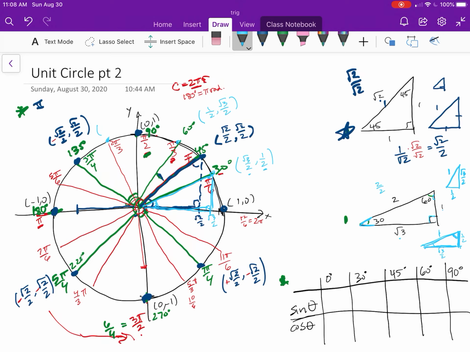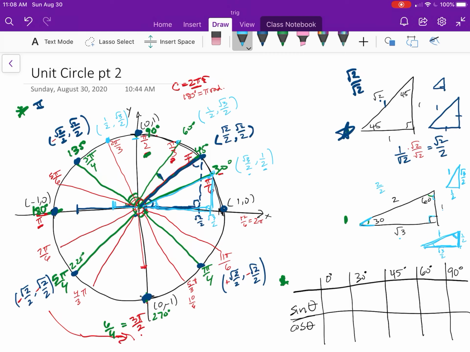Okay, if you pull up the unit circle online, it's overwhelming. But notice the x value is smaller than the y value here, right? Because I only go back just a little bit, but I go up a lot. So therefore, 1/2 is less than square root of 3 over 2. So x should be the 1/2.